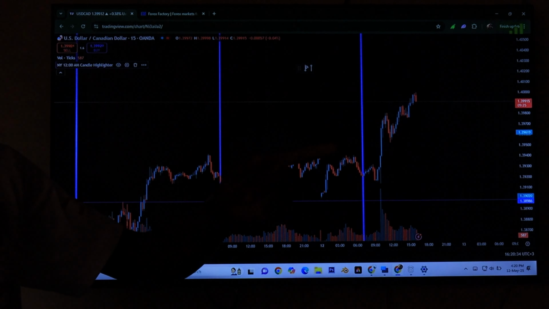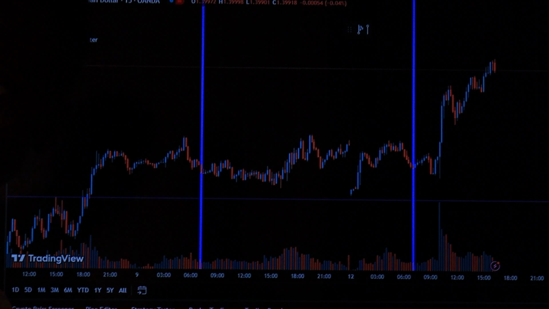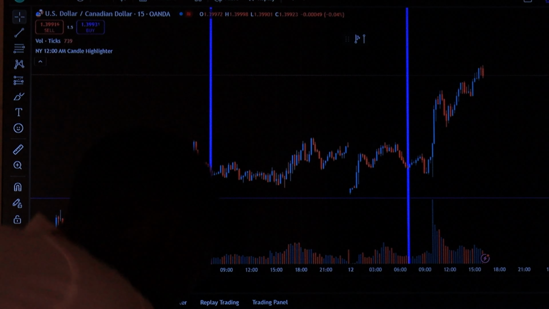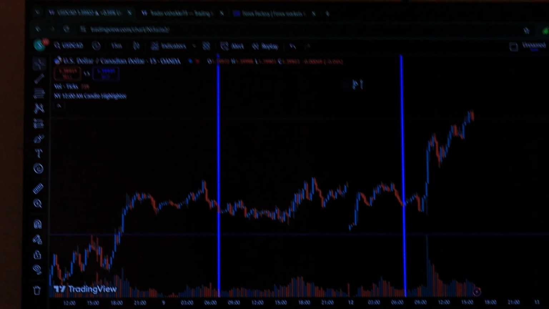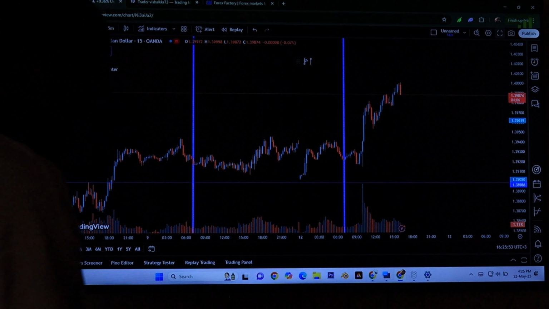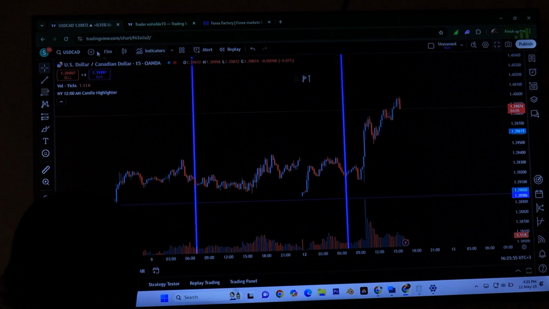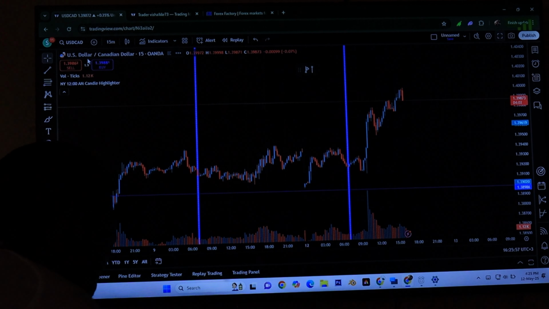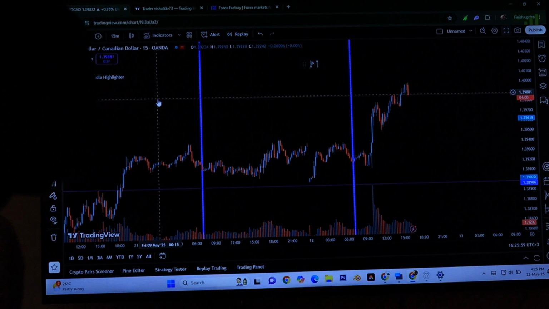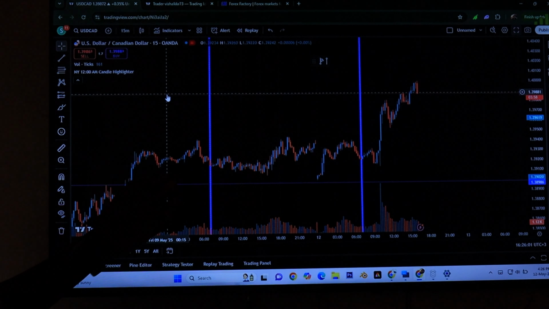So if Monday the 12th of May 2025 was my trading day, I'd hop into my charts and do the following. I usually open up my TradingView.